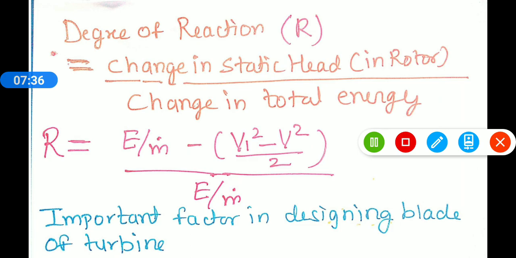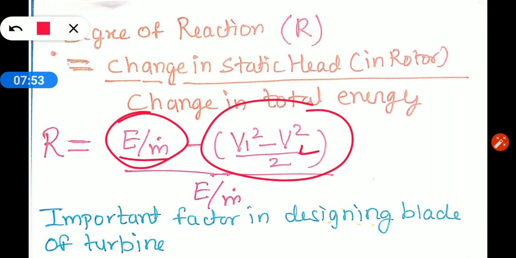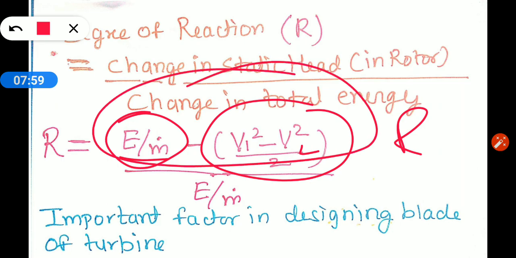Degree of reaction is nothing but the parameter which measures the contribution of reaction force in the total force applied to the wheel. So this can be written like this also. As you can see here, total energy supplied by the water to the wheel minus the impulse effect, (v1 square minus v2 square) by 2. So if you remove the impulse effect, what you are getting is reaction effect. So in the numerator you are getting reaction force, and in the denominator you are getting the total force.